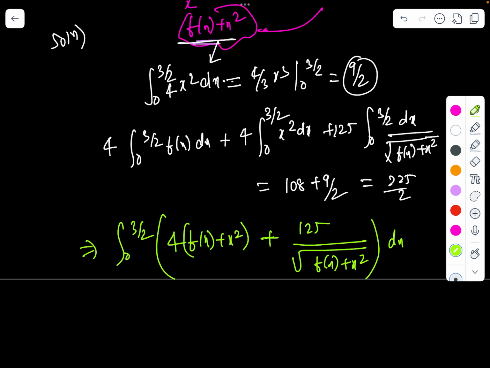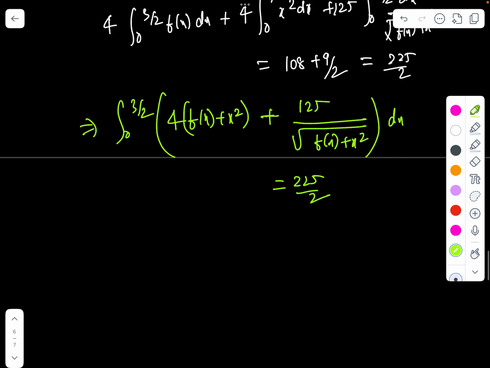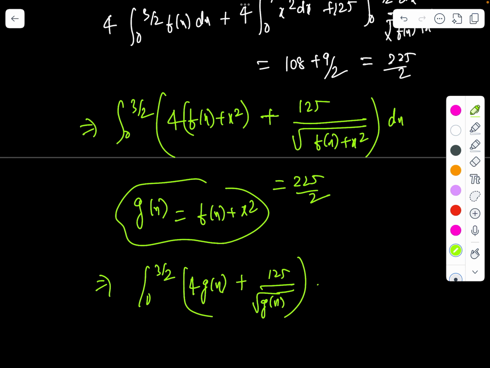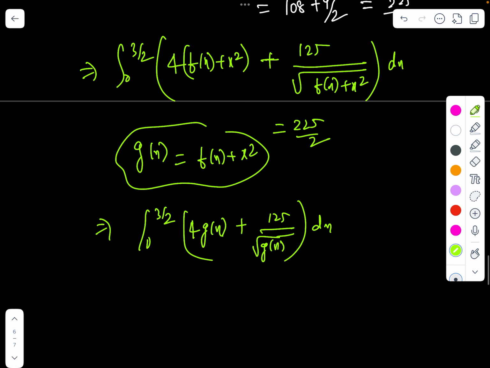If I take this together, that equals 225 by 2. So if I take g of x as, let's say, f of x plus x square, then this entire function can be written as the integral from 0 to 3 by 2 of 4 g of x plus 125 by root g of x dx, and that becomes 225 by 2.